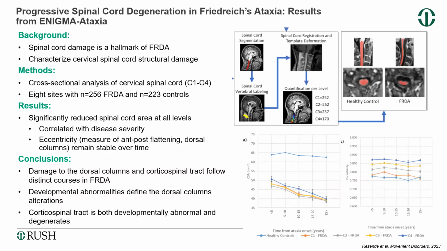Now, some of the issues in Friedreich's ataxia are still being described in greater detail. One of the posters that came out this year that I think is really interesting is looking at what actually is causing some of the problems in the peripheral nervous system. And it's actually coming not from the nerves themselves, but from spinal cord damage in Friedreich's ataxia.